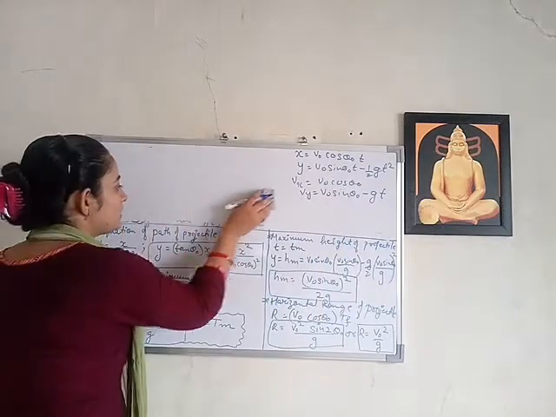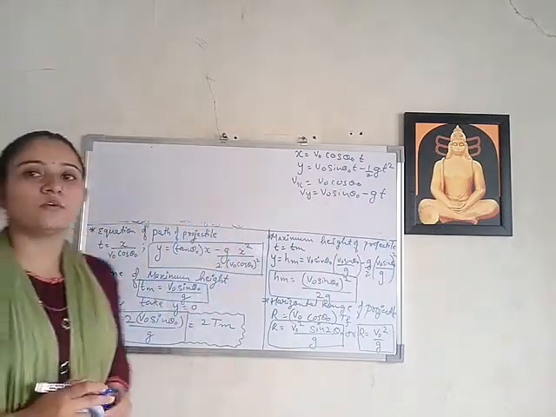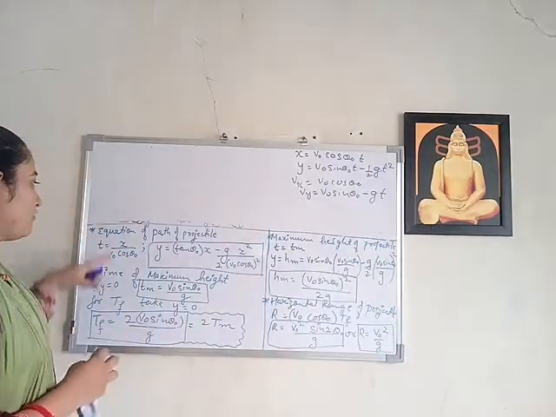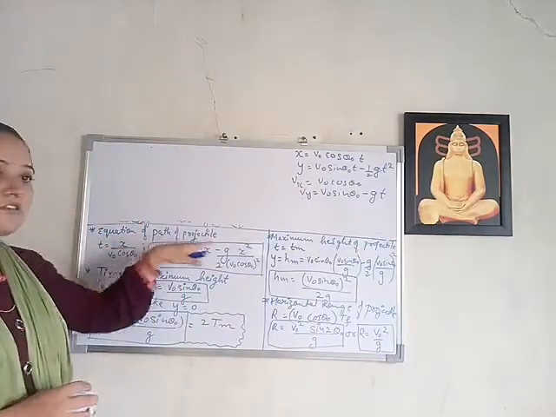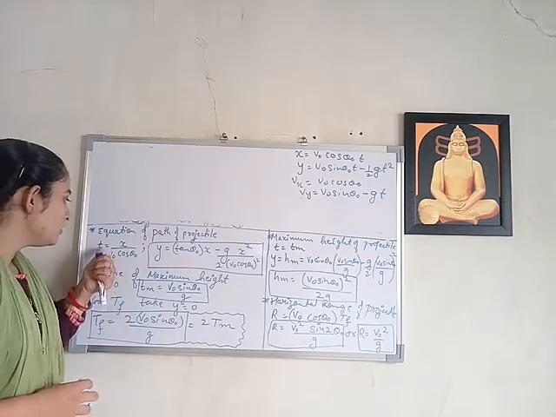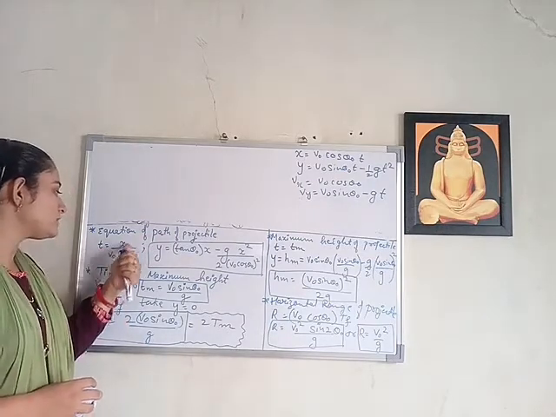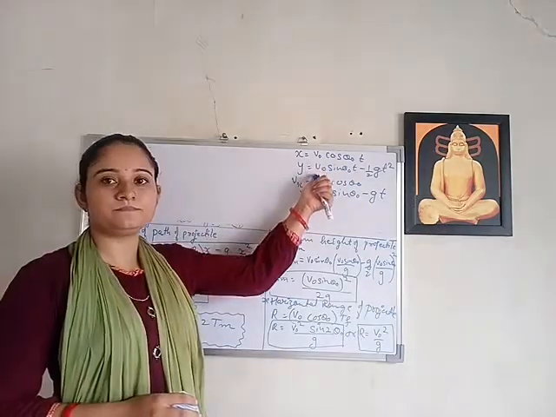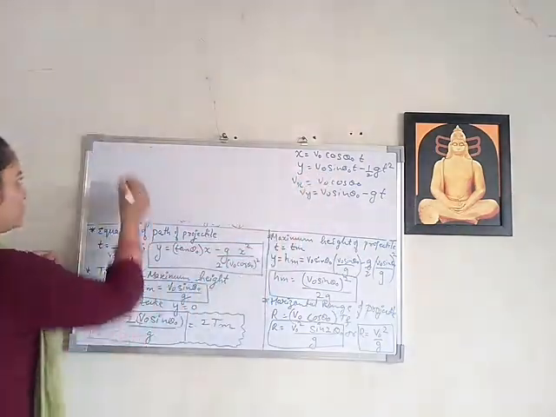So these are the four equations which we have obtained previously in projectile. Now we are understanding the equation of path of projectile. So you have to put t equal to x upon v0 cos theta 0 in y. Clear? So let us put it.